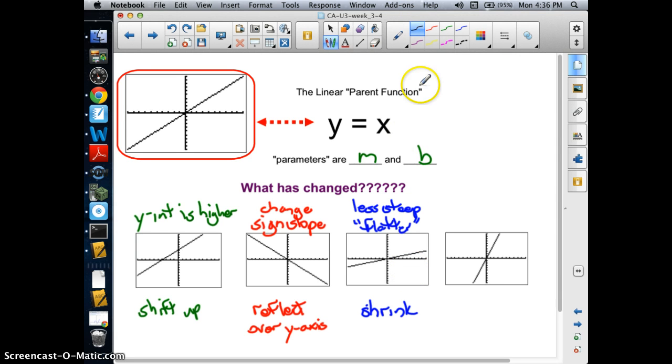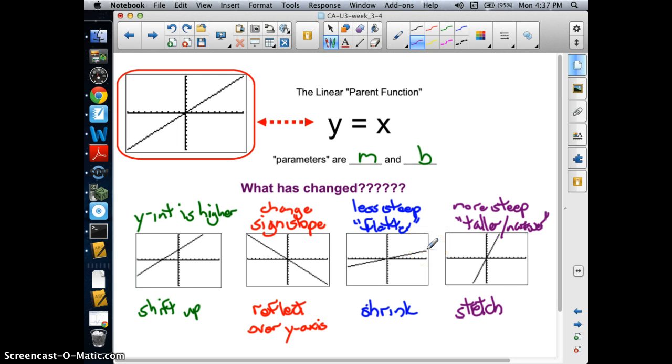The last one we're looking at looks more steep. My y-intercept didn't change. It's still 0, just like in this blue one. But this one looks more steep. You might even look at it as taller or narrower. And it depends on the shape of the graph, how we see it. But we call this, when it happens, a stretch.